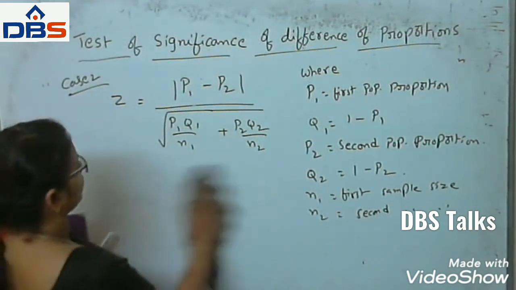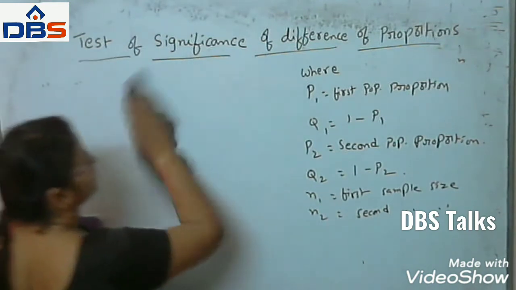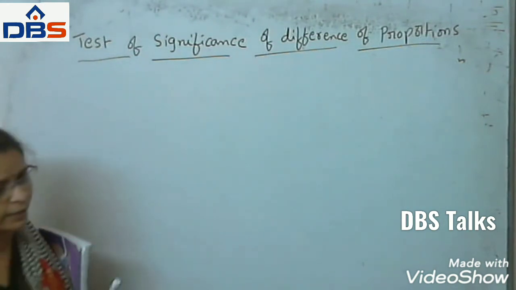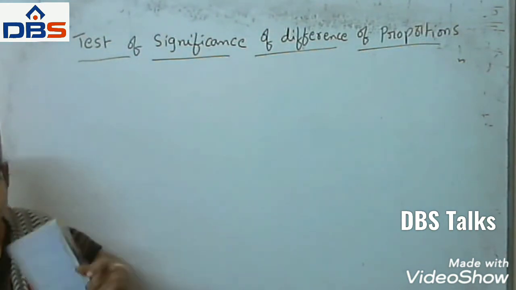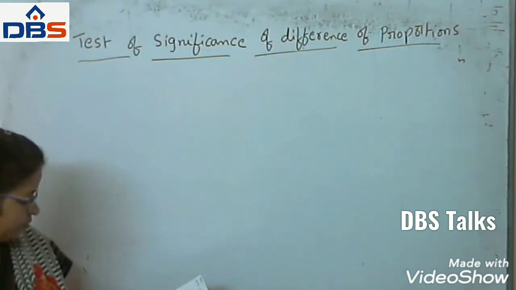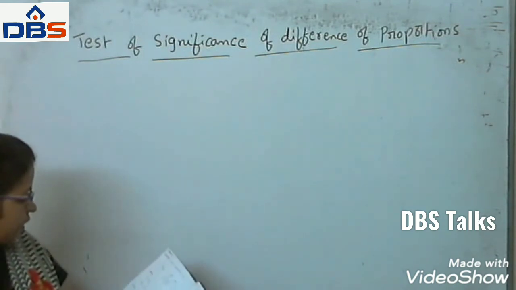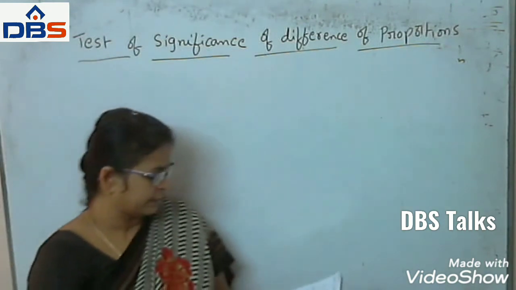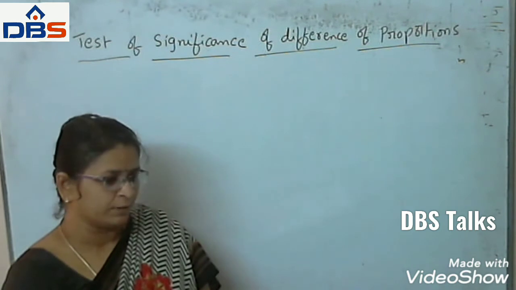So let us go for an example. In two large populations, there are 30% and 25% of fair-haired people.